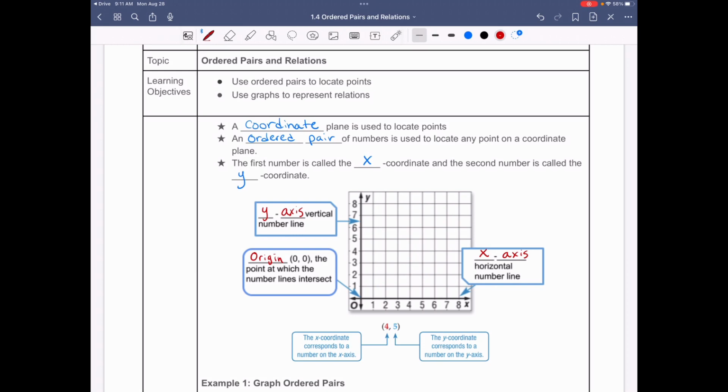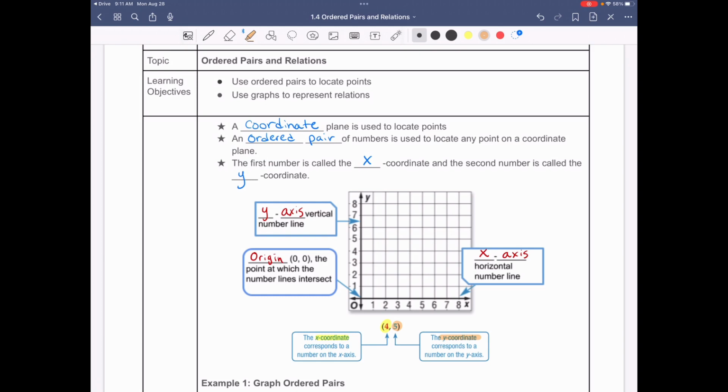The x corresponds to the number on the x-axis, so that 4, right here, that's the x-coordinate, and the y-coordinate corresponds to a number on the y-axis. Sometimes I see students put 2 points.